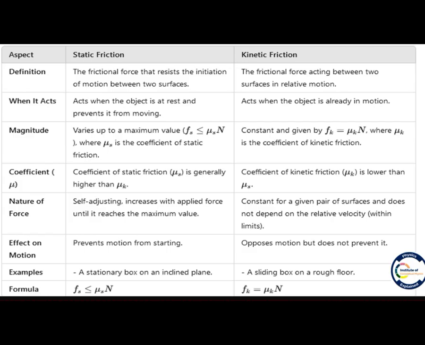The magnitude of static friction is not fixed. It purely depends on what external force you're applying, and it will adjust. And the maximum value of the static friction you can get is mu s into N, where mu s is the coefficient of static friction.